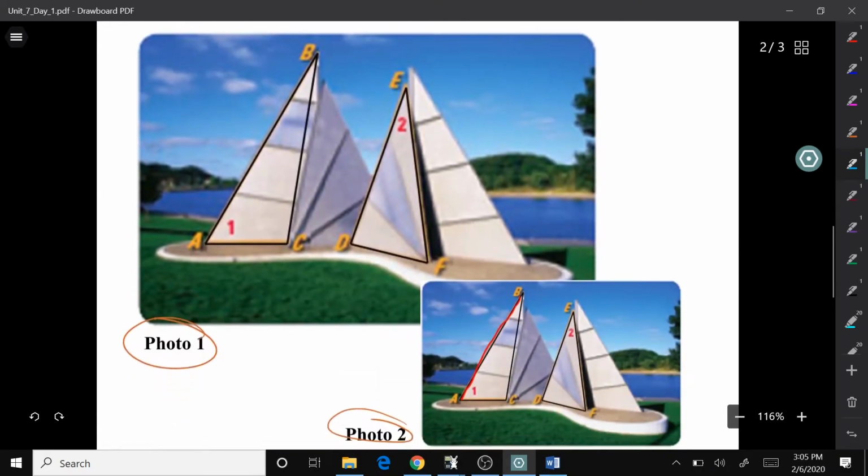If you look at their picture, we have AB in one triangle and AB in another triangle, and those sides corresponded with one another.